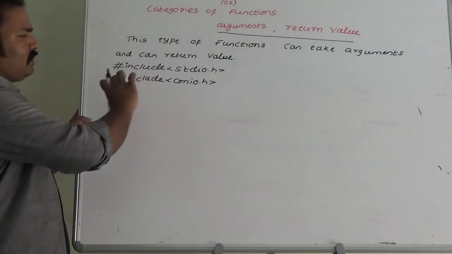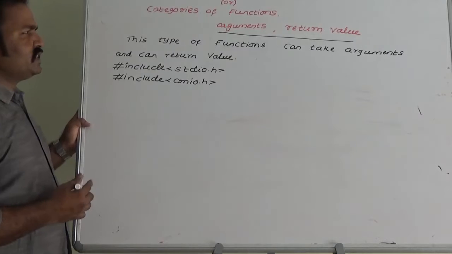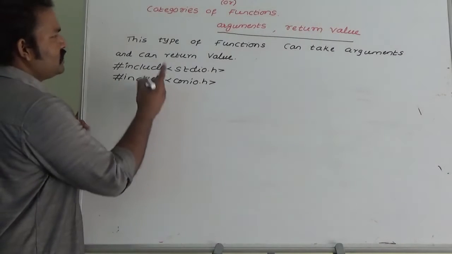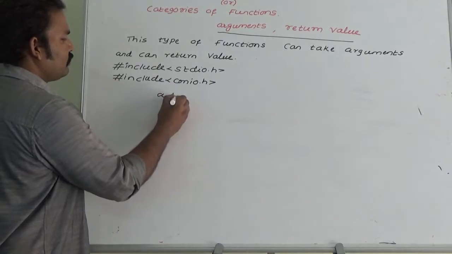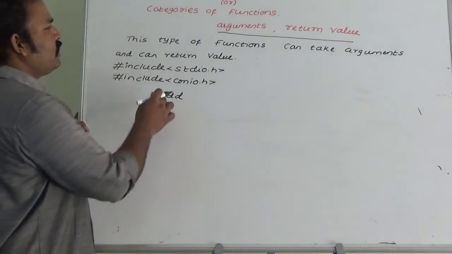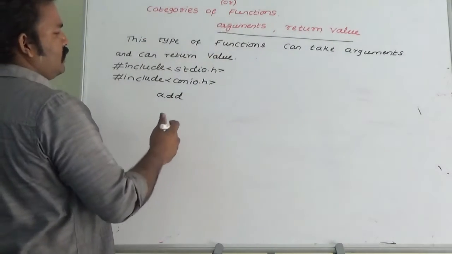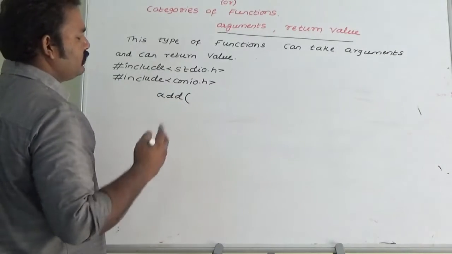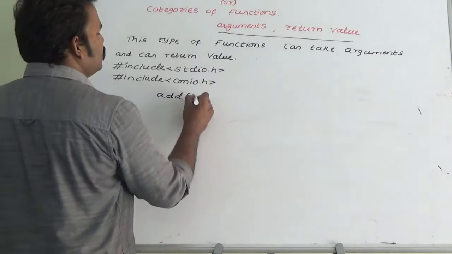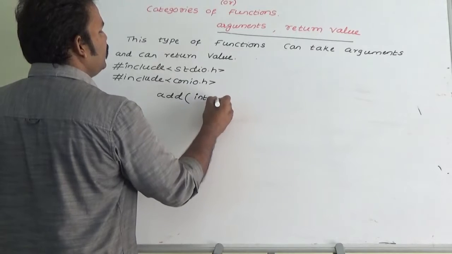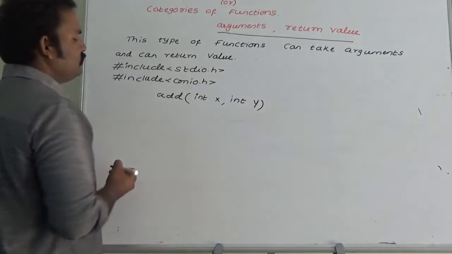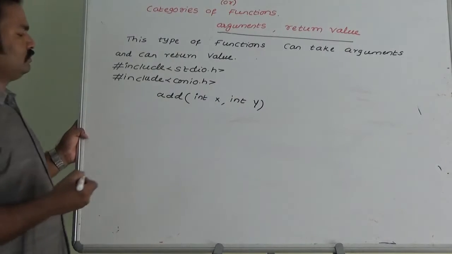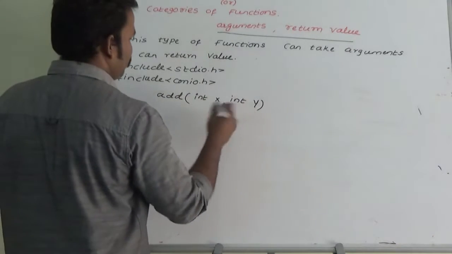First, I want to write the function declaration statement. Function with arguments: here my function name is add. This function can take arguments. How many arguments will it take? 2 arguments. How many parameters, how many variables, do we need to declare? 2 variables, x, y, or a, b, anything.